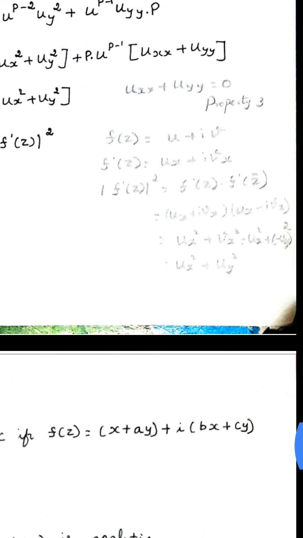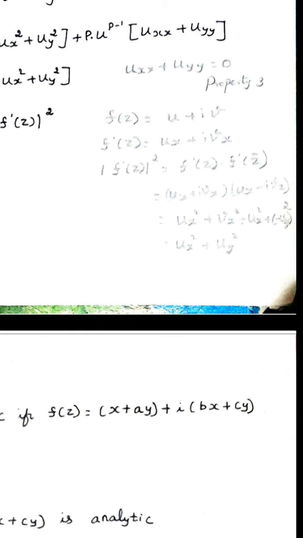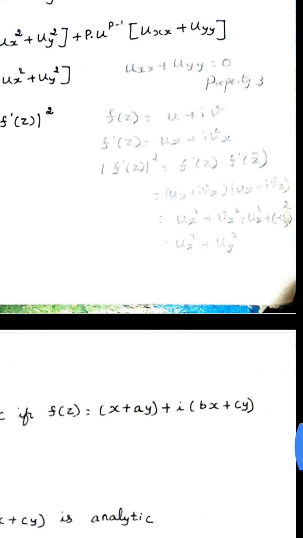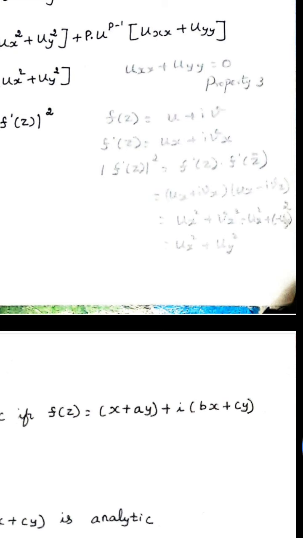So what will be my answer? F dash of z into f dash of z bar. What is f dash of z? Ux plus i vx. And f dash of z bar is ux minus i vx. If I substitute that, it looks like a plus b into a minus b. What is the formula?